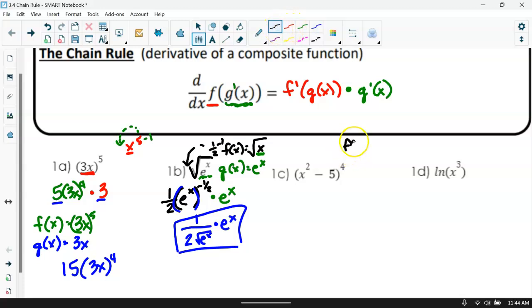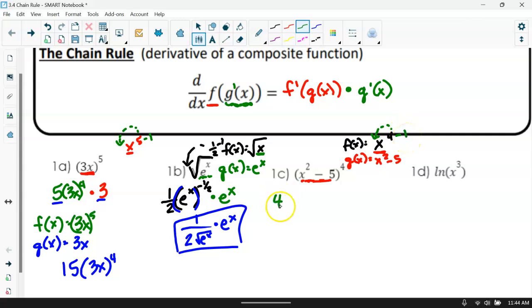Here, what is the outside function? If we were to consider our f, that is like saying x to the fourth power. Because then what is x? What is our g function here? x squared minus 5. That is what's being raised to the fourth power. So now we're going to go ahead and apply our power rule, right? Bring down, subtract 1.